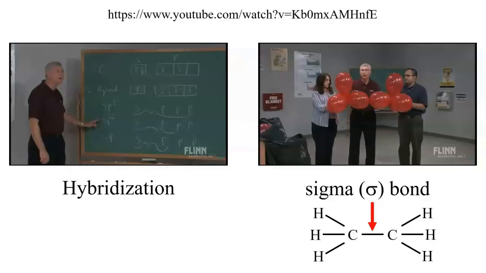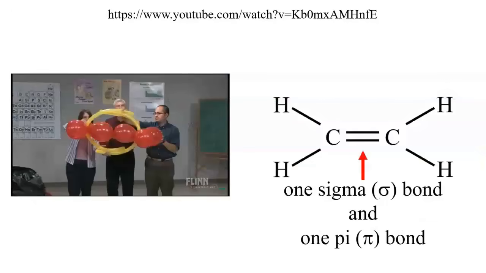Then, as the video continues, they use these little skinny balloons to represent the side-to-side overlap, and that's what a pi bond is. So in this picture, on the left side of the slide, the yellow balloons represent the pi bond. So we have one sigma and one pi bond represented with the balloons in this video.